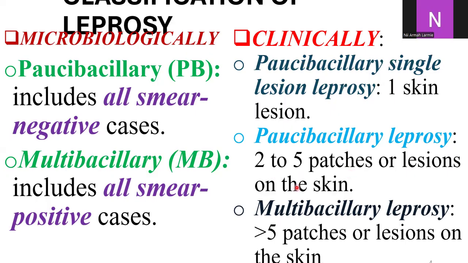And if we have more than 5 of these lesions, then that is multibacillary leprosy. It's important to make this distinction of pauci and multi because it affects the choice of therapy that is used.